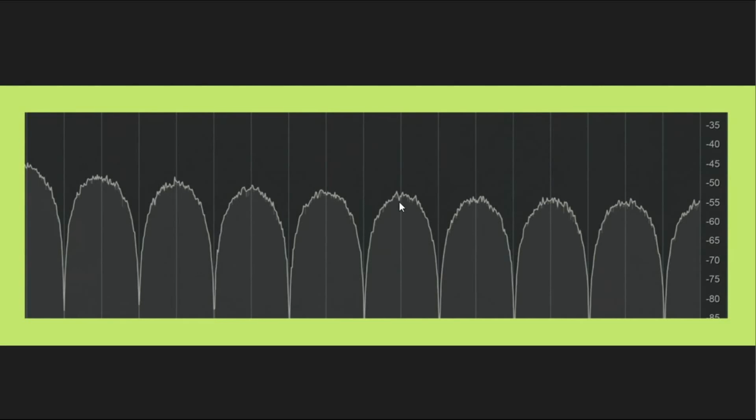And this comb filtering results in that kind of hollow whooshing effect that is characteristic of both flangers and phasers. They both implement comb filtering. The reason why the two effects are different, however, has to do with how these notches are spaced. Okay, the spacing for a phaser is very linear, but for a flanger, the notches tend to get closer and closer the higher you get up in frequency.